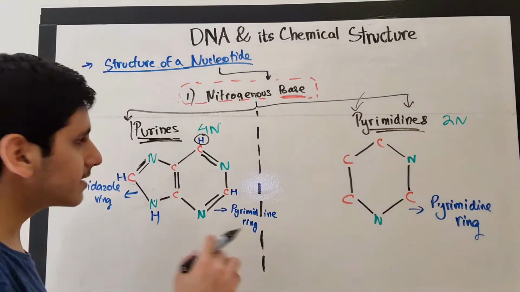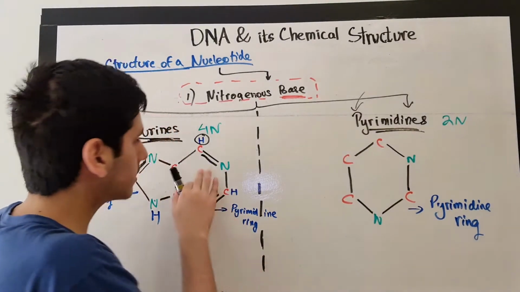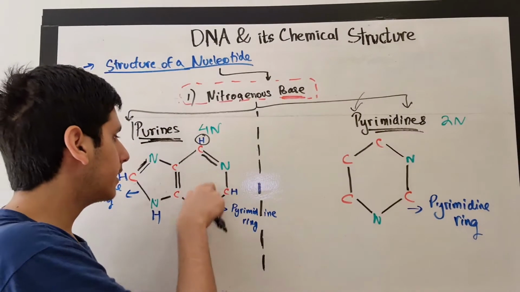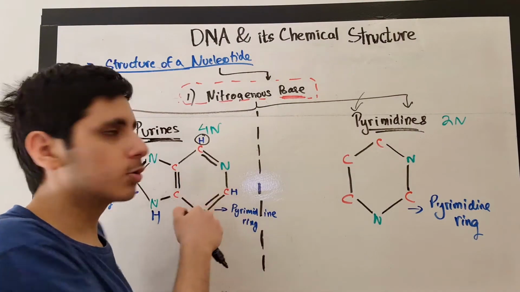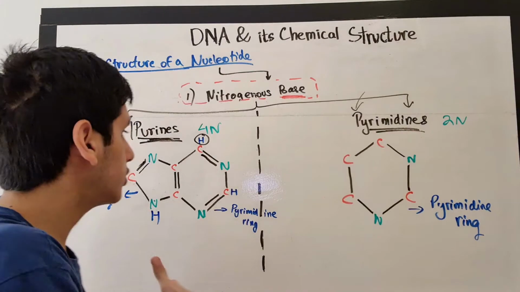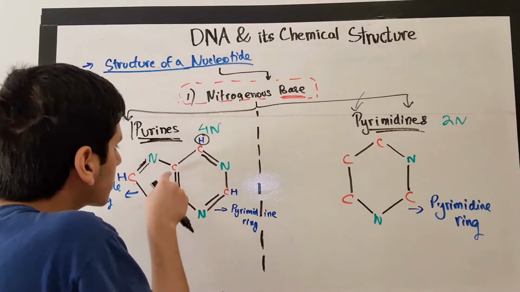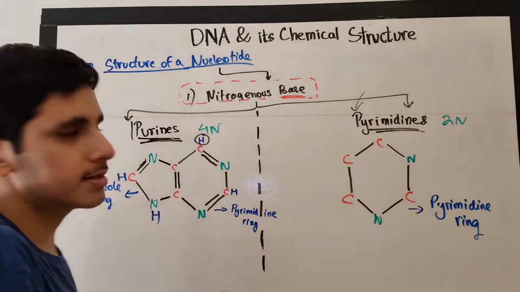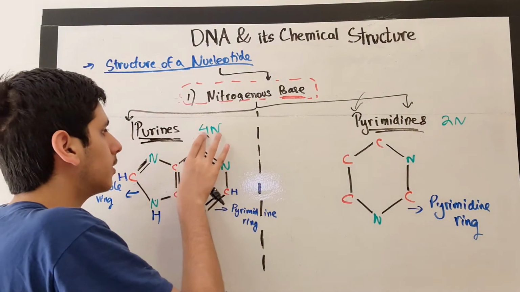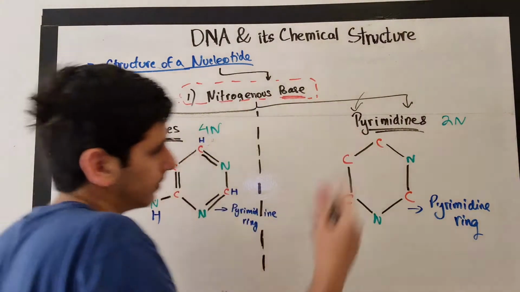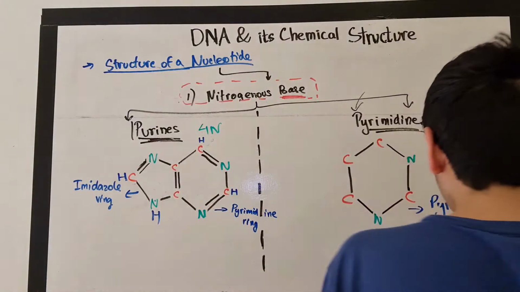So that's where the fluctuations are, and the bonds. There's also difference in the bonds. Like adenine has the alternating double bond, but guanine doesn't, and both are purines, so they should follow. But it's just the carbons and the nitrogens which are placed there that are followed in their own independent chemical diagrams.